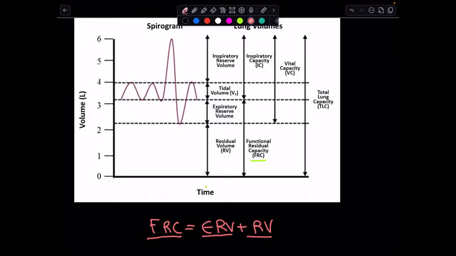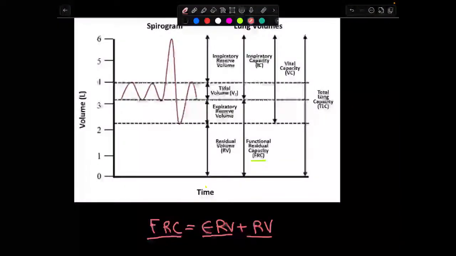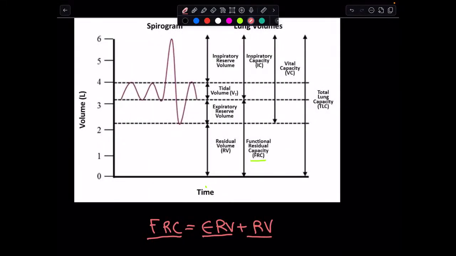Functional because it's part of normal lung function, and residual capacity for the remaining air after passive exhalation. It's about what's left. Wait, I thought the residual volume was the amount of air after passive exhalation. You're correct. Residual volume is the air left after a full exhale. Functional residual capacity includes that residual volume plus the expiratory reserve volume.